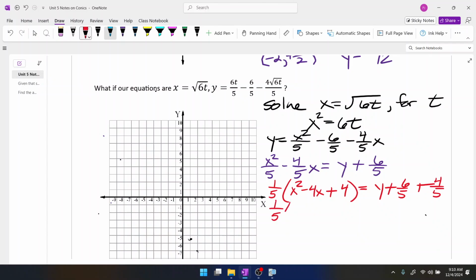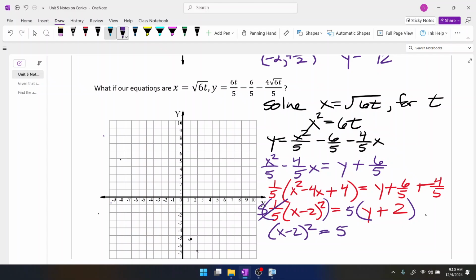So you have 1/5 times (x minus 2) squared equal to y plus 10/5, which is 2. And then we multiply out both sides by a 5 here. And we have (x minus 2) squared equal to 5 times (y plus 2).